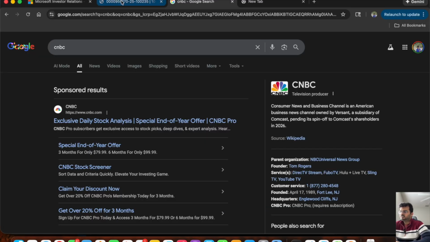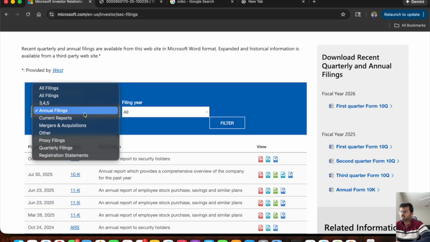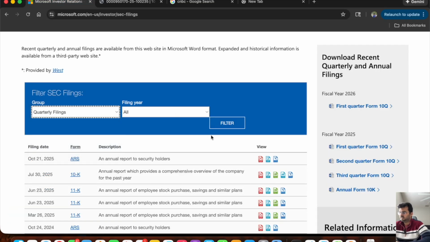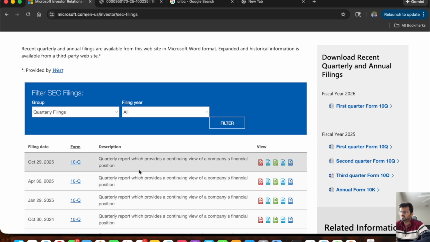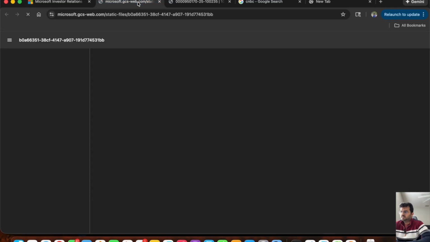Then debt. For this, I will go to Microsoft's most recent quarterly filings, or if the most recent is annual, you can get that. The 10Q is published on 10/29.